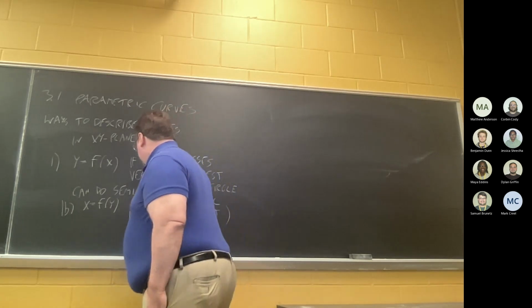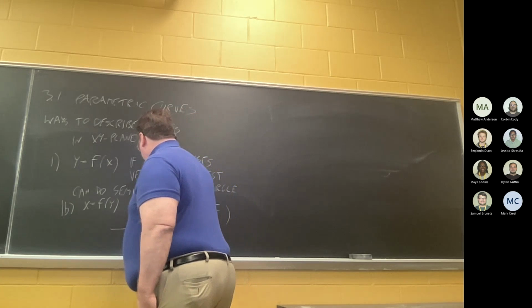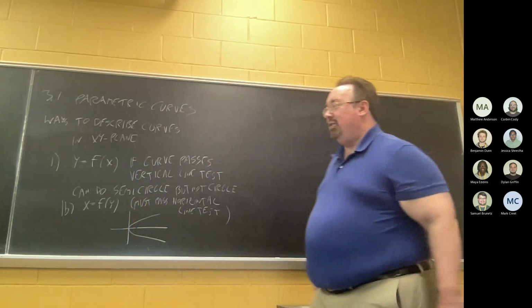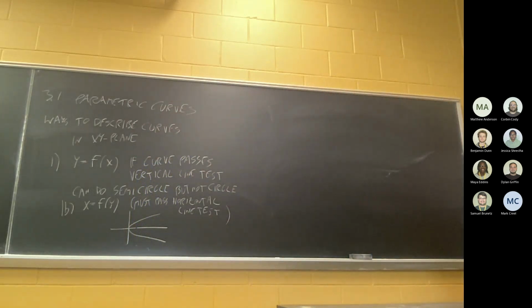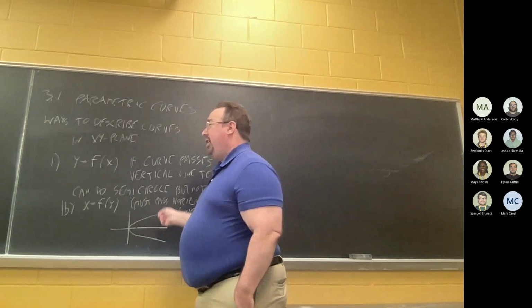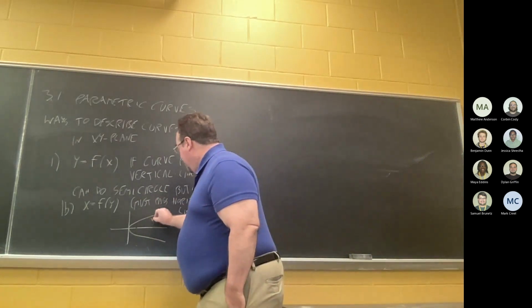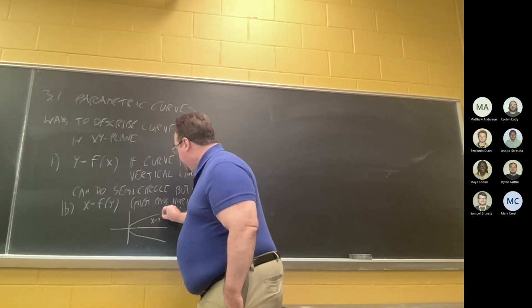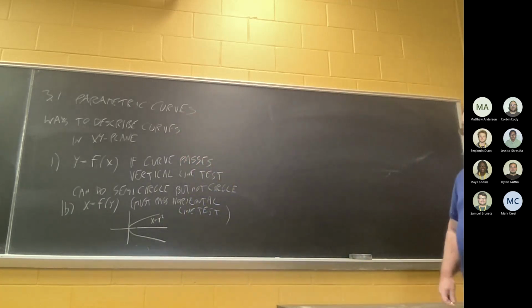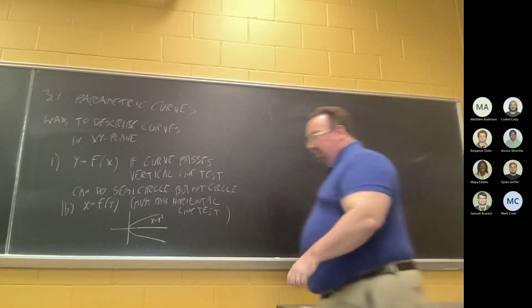If I have a curve like this, it's a parabola, but facing a different way than what you're accustomed to. I could not describe this using y as a function of x, but I can use x as a function of y. I could have x equal to y squared, for instance. We don't need x equals f of y very often, but once in a while it's useful.